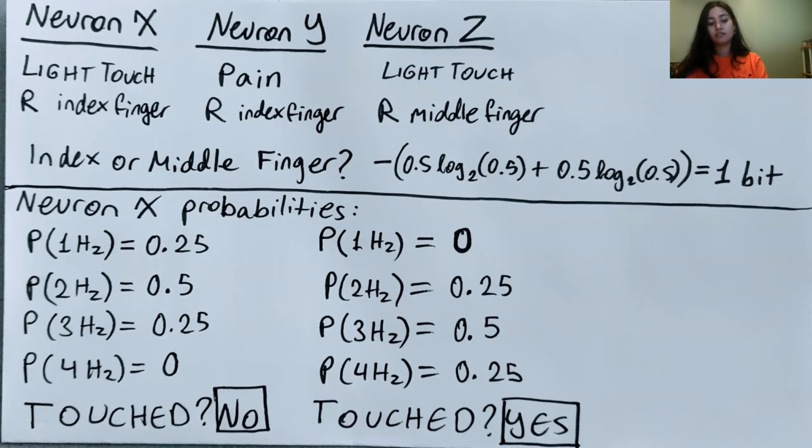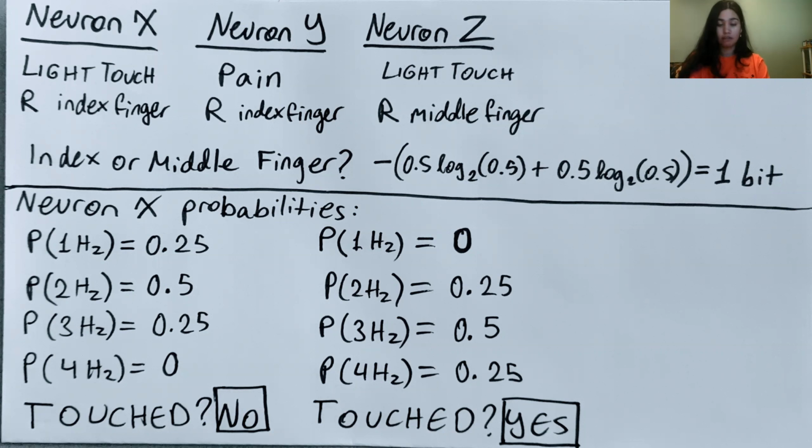Okay, now say there are 3 neurons, neuron X, neuron Y, and neuron Z, which each have their own receptive fields. X responds to a light touch on the right index finger, Y responds to pain in the right index finger, and Z responds to light touch in the right middle finger.